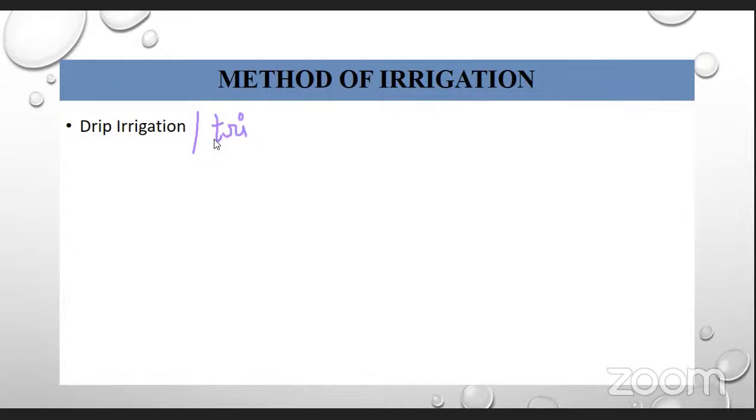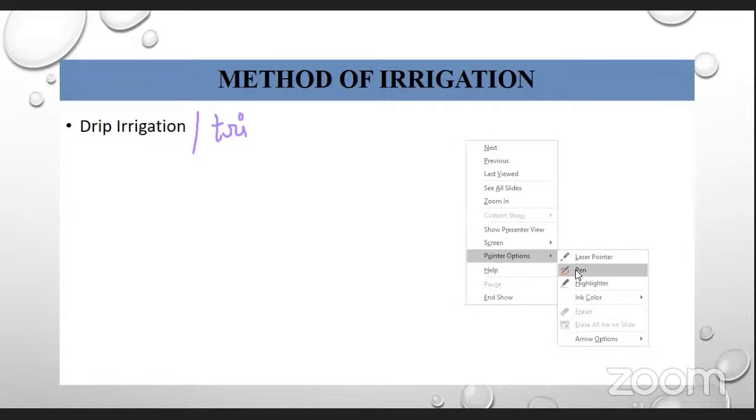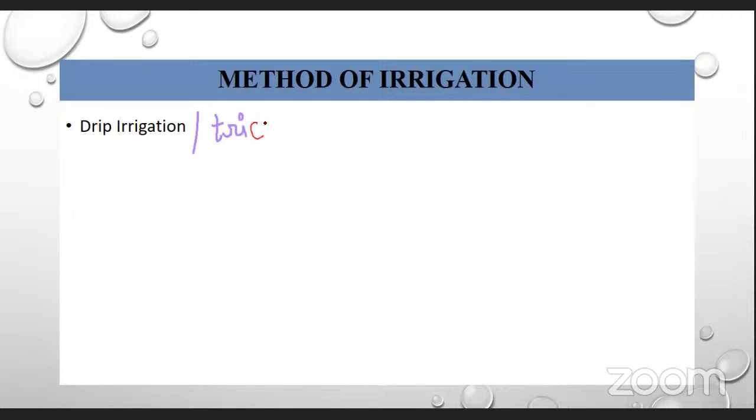This drip irrigation is known as trickle irrigation, and it is suitable where water scarcity is there, or salt affected soils are there.